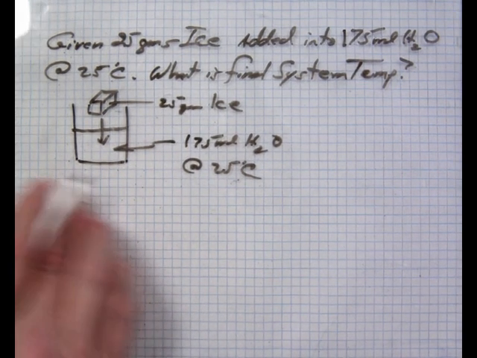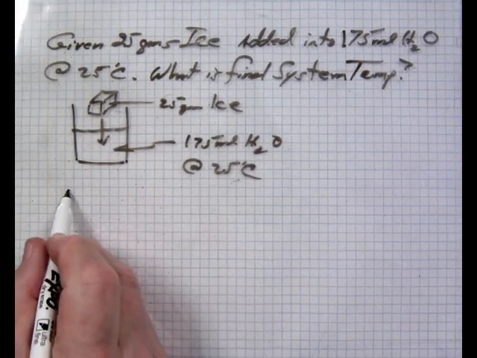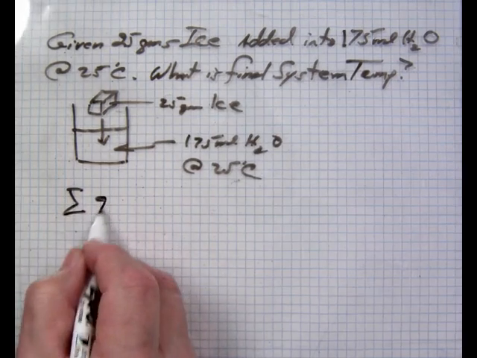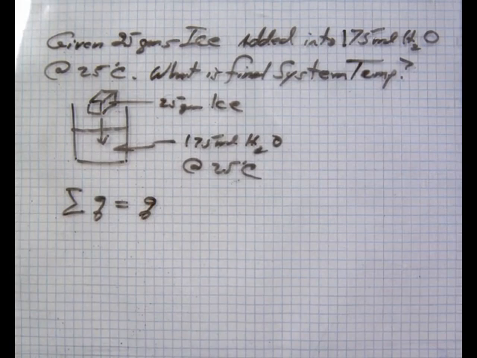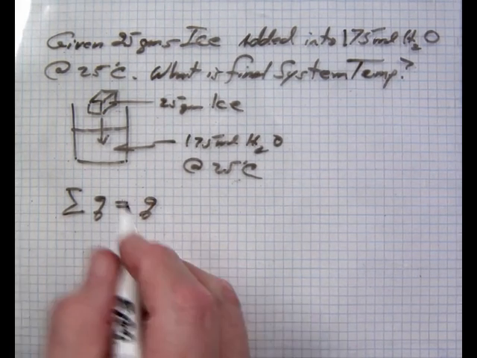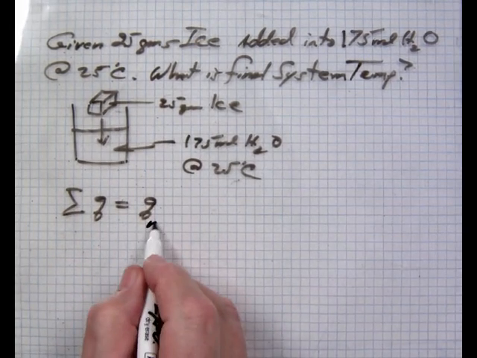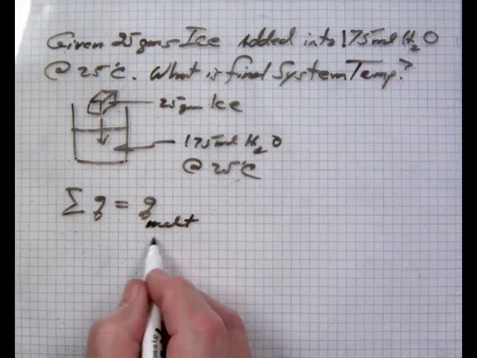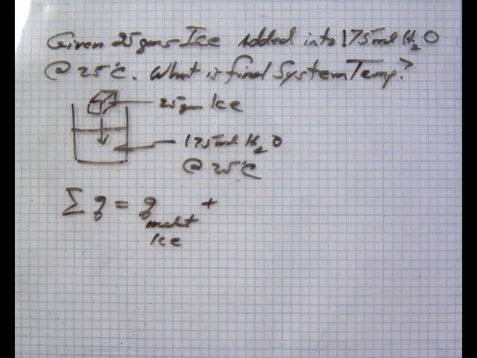The sum of Q equals, trying to keep neat: one, you've got to melt the ice. Then you have to warm the ice water.